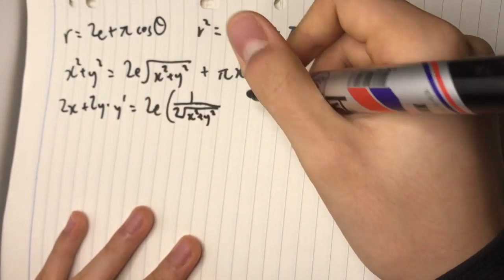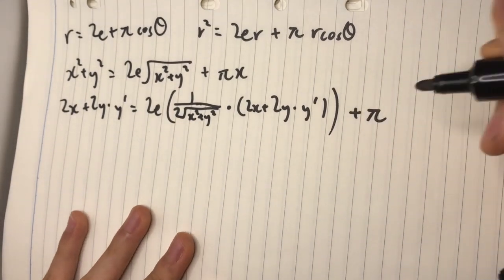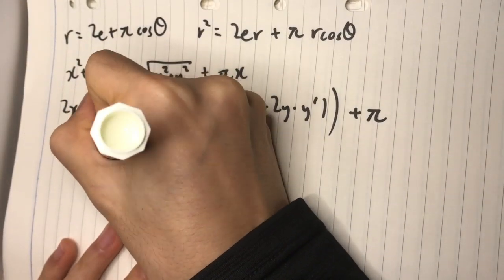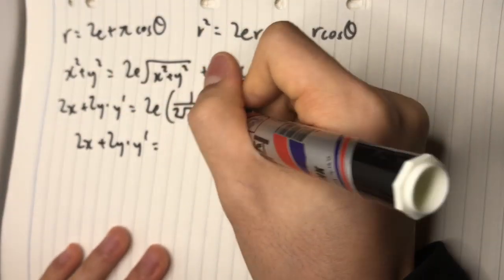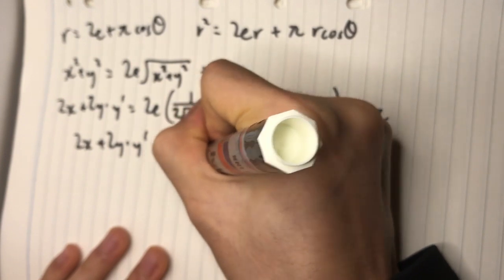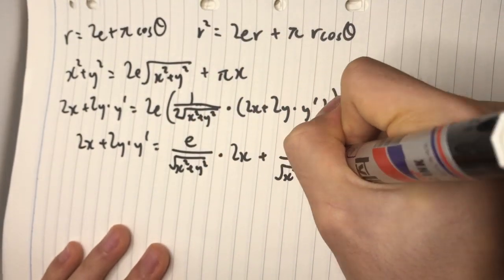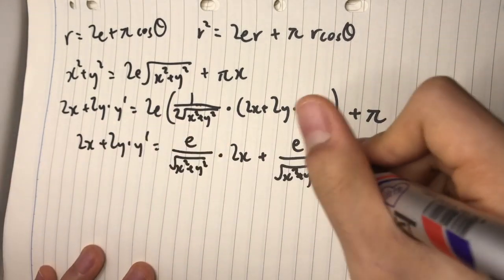This is just the process of implicit differentiation. And then you move the terms around and isolate the y prime term, and then you divide to find the y prime term, and it already looks extremely complicated, the calculations.